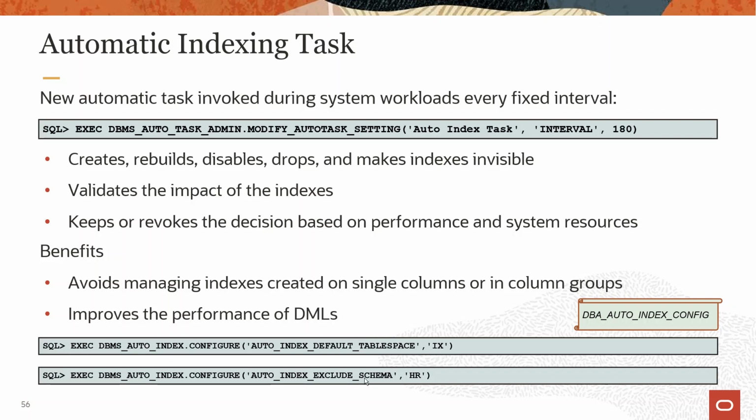I do not want to get any recommendations on index creation, rebuild, or dropping of indexes for the schema HR. The configuration settings can be looked up via the data dictionary view DBA_AUTO_INDEX_CONFIG.